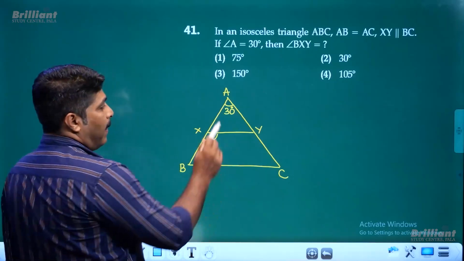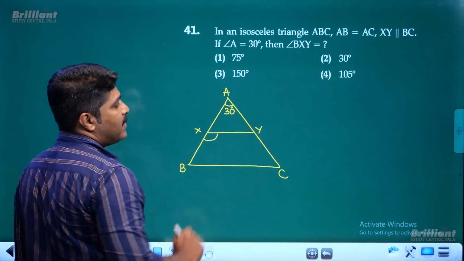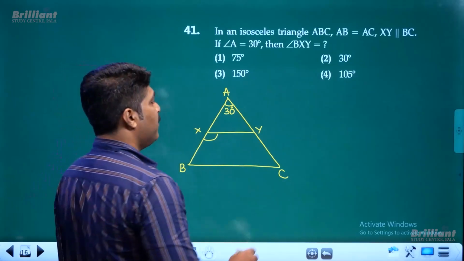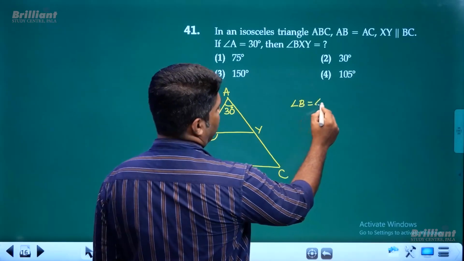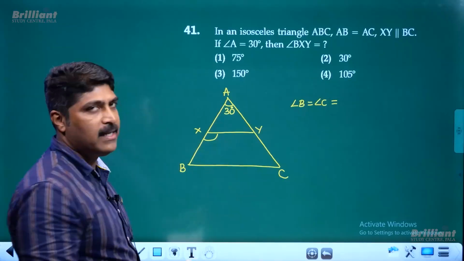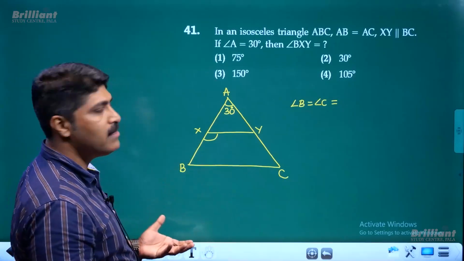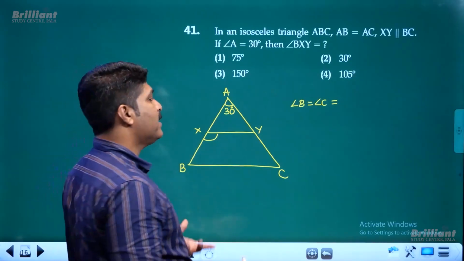As we know, angle A equal to 30 degrees, these two base angles are the same. Therefore angle B equal to angle C. What is the sum of the other two angles? We know that the total angle sum is equal to 180 degrees.